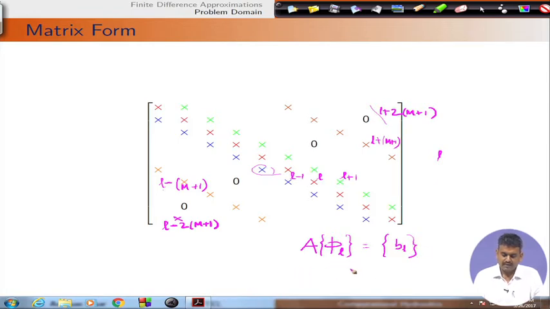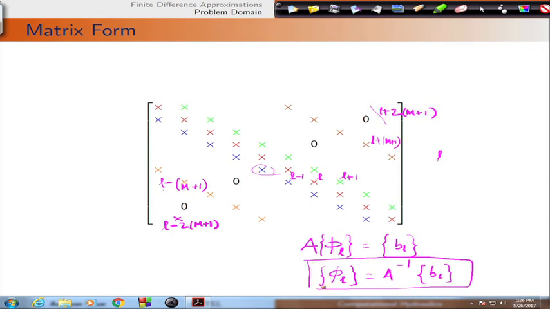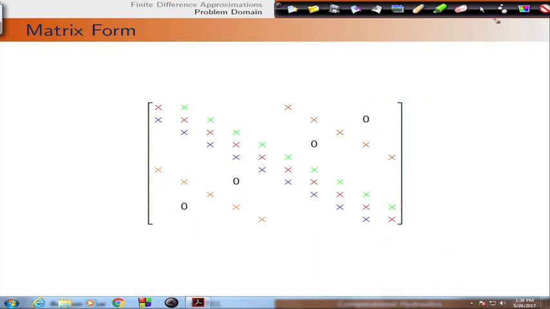So, with this we can solve for this phi L by inverting the A matrix, and this will give us the solution for the desired problem. And in the next lecture class we will be discussing the time derivatives in partial differential equations.